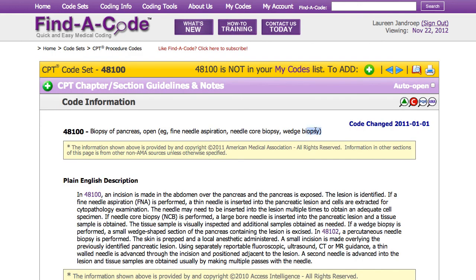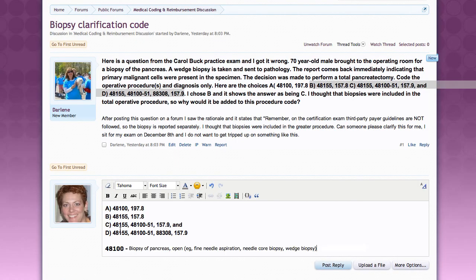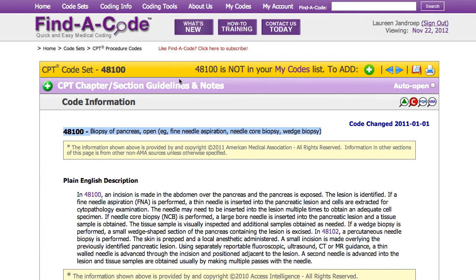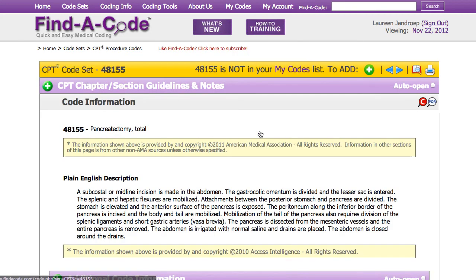And I'd just like to grab what I'm trying to look at when I answer questions like this. It helps me to see them stacked on top of each other. The other code in question is the 48155. Let's grab that real quick. And this is the total pancreatectomy.